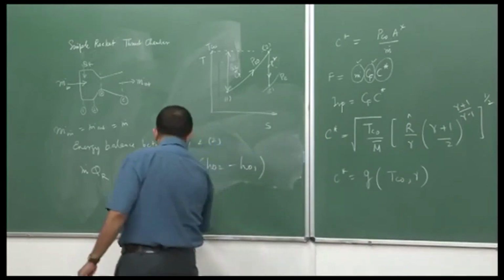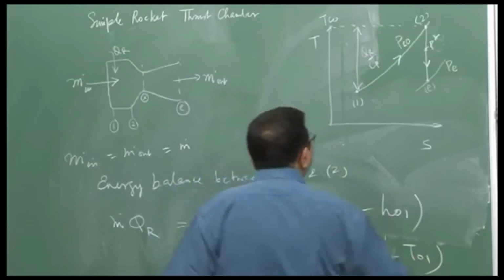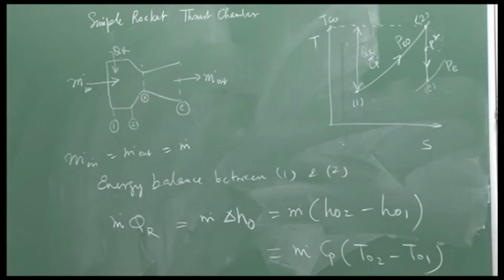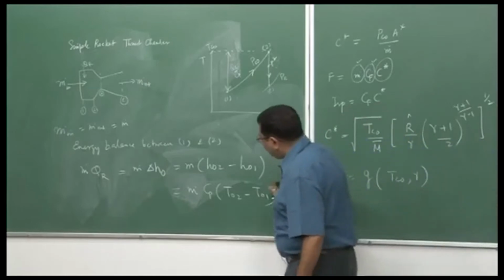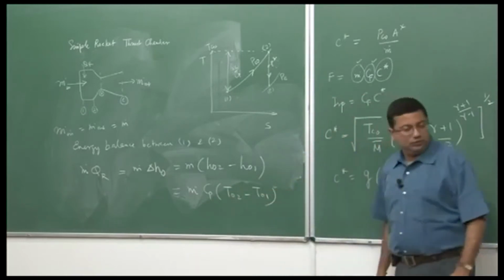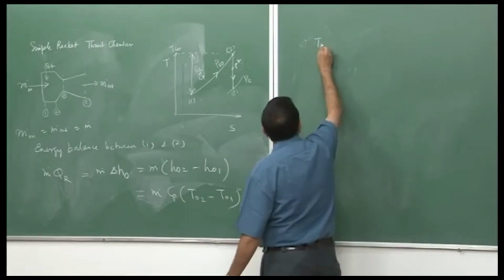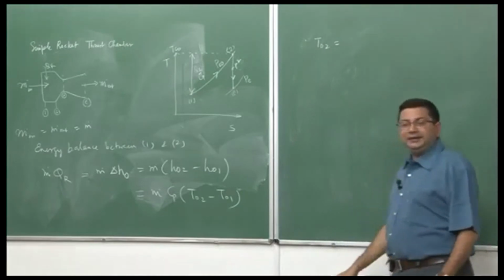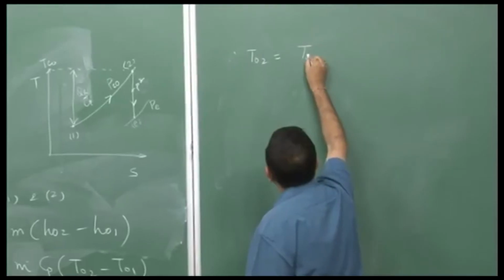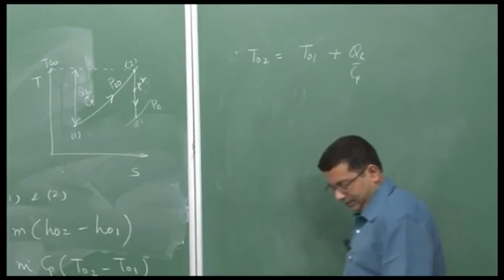So, this can be written as m dot Cp times T02 minus T01, and that is what I have written here, Qr by Cp is equal to T02 minus T01. From this equation I can estimate the value of T02, the stagnation temperature at the exit of the combustor, which will be our Tc0, equal to T01 plus Qr upon Cp.